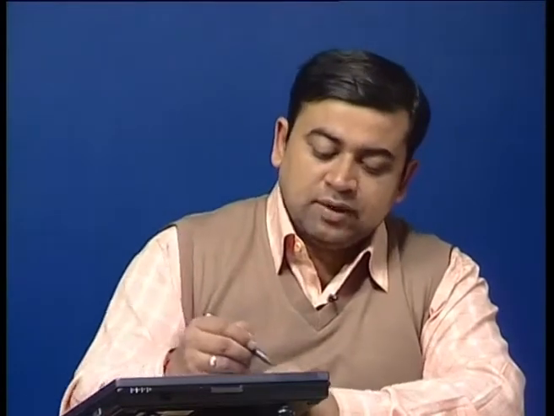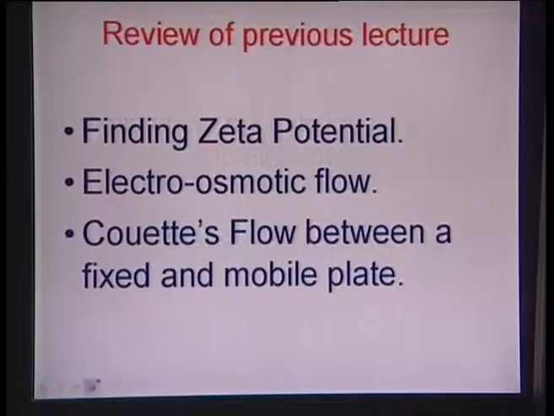We found this by solving the Navier-Stokes equations. Basically we made a comparison between the velocity profiles within such channels when the flows are pressure driven as opposed to when the flows are electrokinetic in nature.